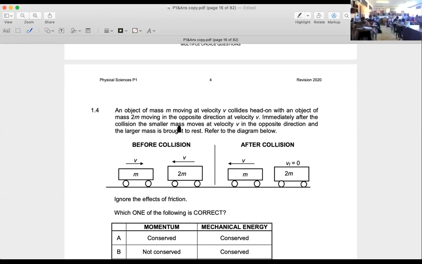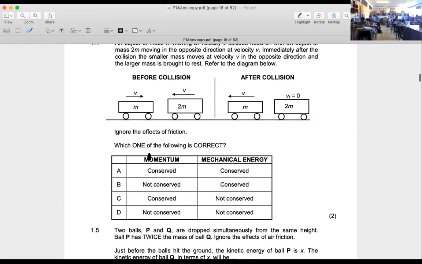Immediately after the collision, the smaller mass moves at a velocity v in the opposite direction, and the larger mass is brought to rest. Okay, so that is the normal rule. If you've got a small thing hitting a big thing, things normally end up going in the direction of the big thing. So this one bounces off the big thing, and the big thing is stopped. Okay, which one of the following is correct?